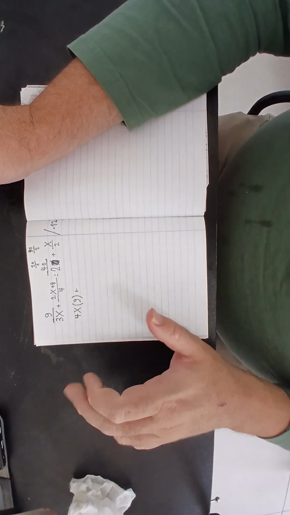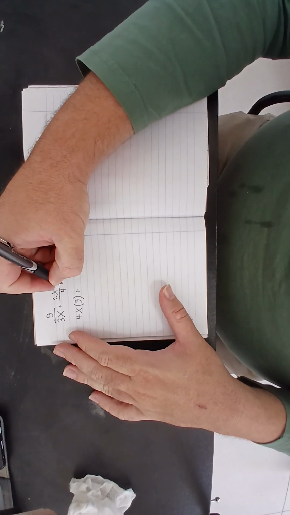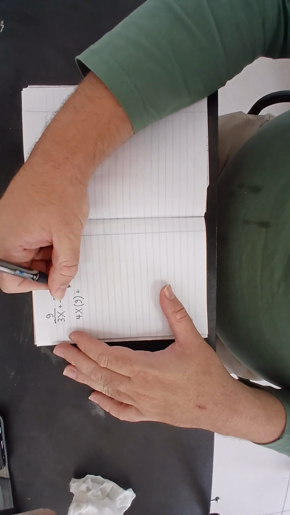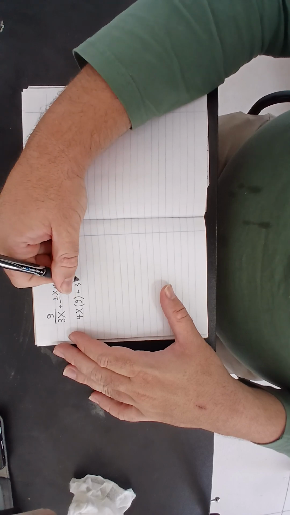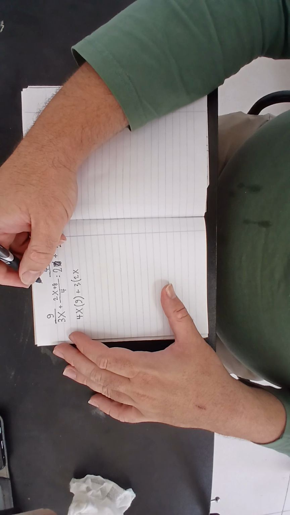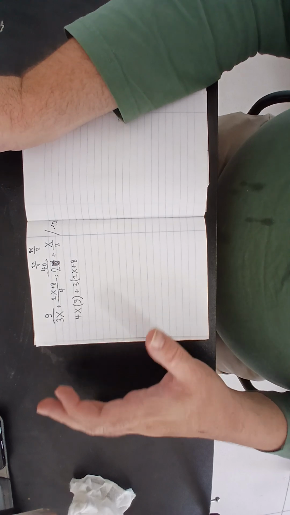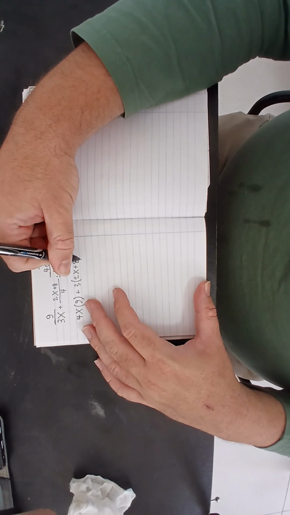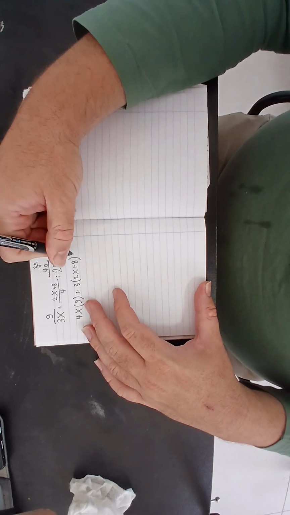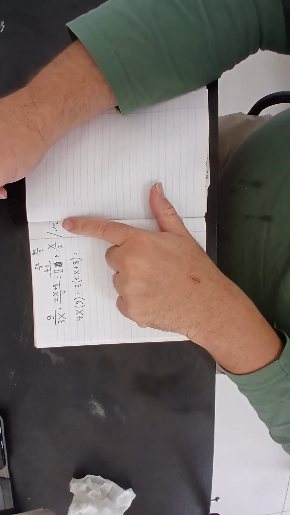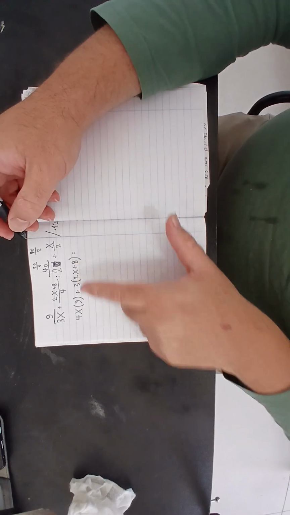12 divided with 4 is 3. So that's going to be 3 multiplied to 2x plus 8, will be equal to 12 divided with 2 is 6.